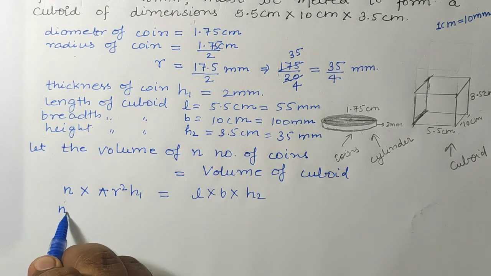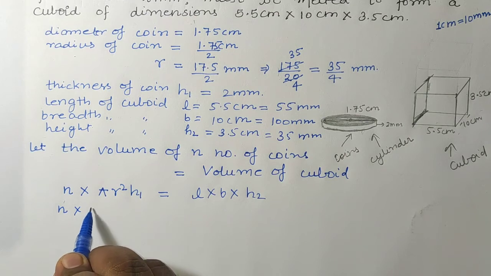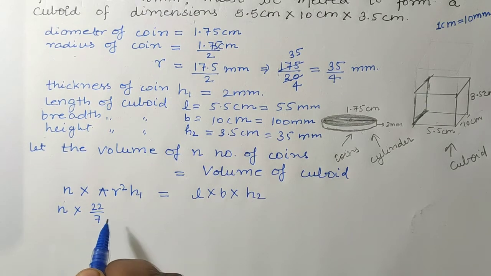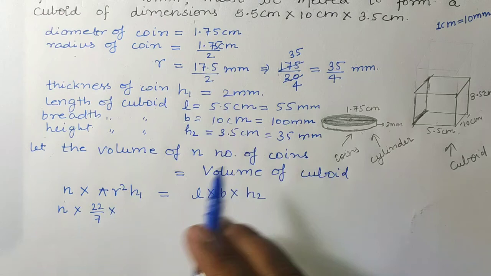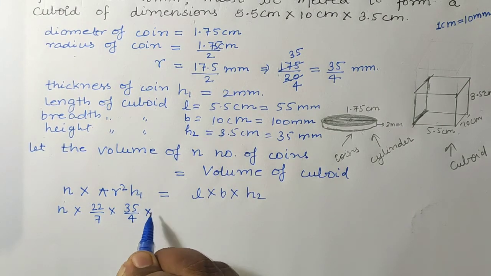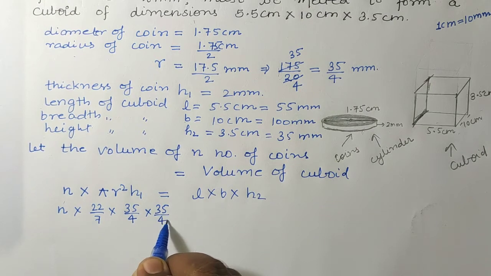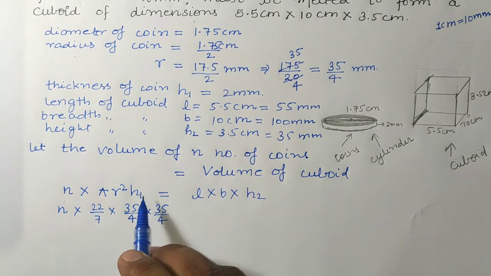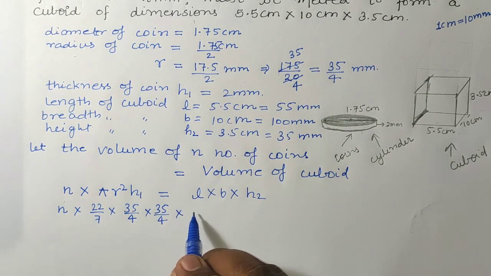N will be n, pi is 22 by 7, r is 35 upon 4, so it will be 35 upon 4 into 35 upon 4, since there is a square of r, and h1, the height of coin, is 2.